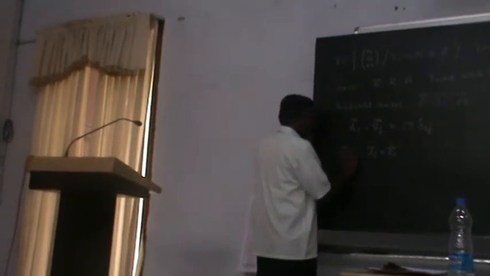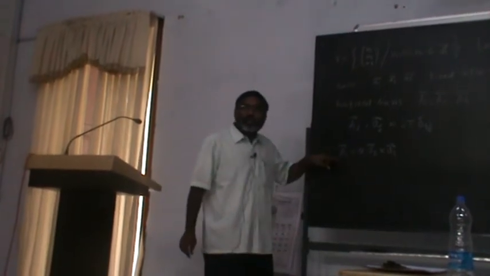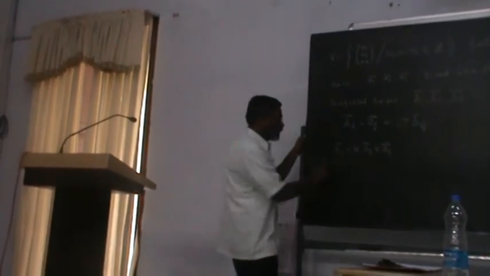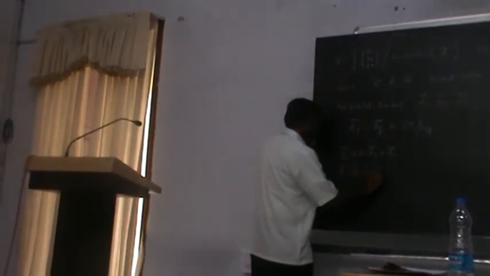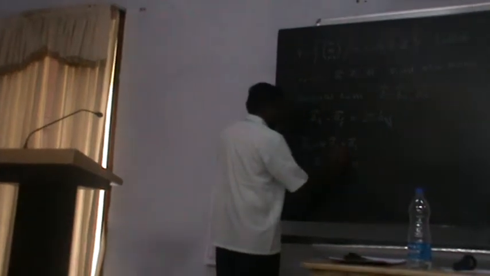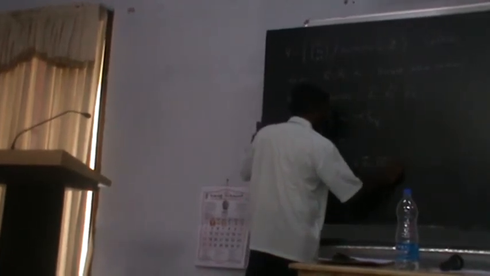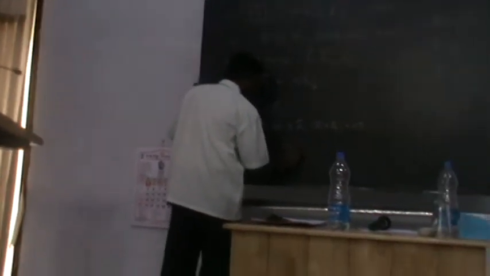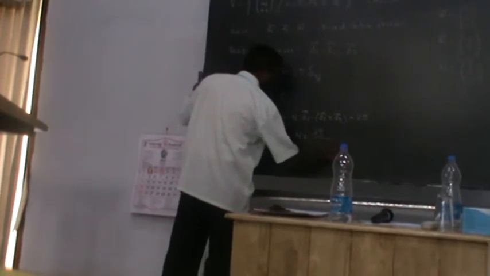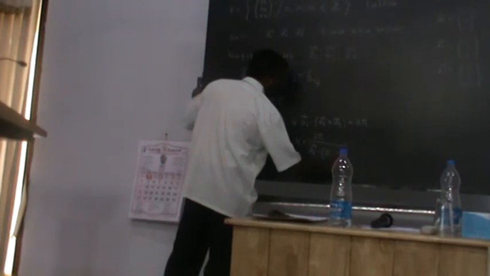But what should be the proportionality constant? I will say some n is the proportionality constant. To fix it, I must use the third condition. What is the third condition? The third condition is A1 dot B1 should be equal to 2 pi. That implies n times A1 dot (A2 cross A3) is equal to 2 pi. So n is 2 pi divided by A1 dot (A2 cross A3).